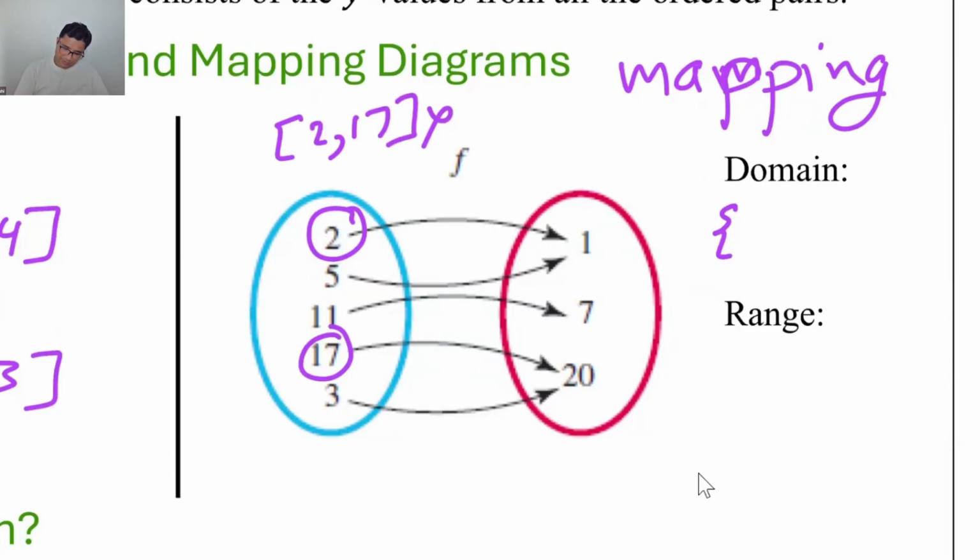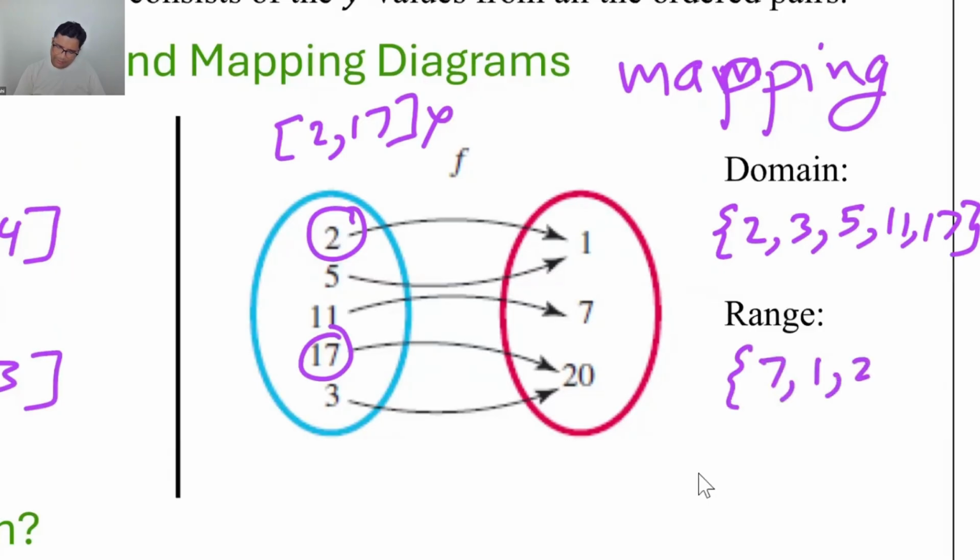It's only a few numbers: 2, 3, 5, 11, and 17. You don't have to write them in order, you could just list them. Similarly, the range will be 7, 1, and 20. I'm emphasizing the fact that you don't have to order them. You can just list them. All right.